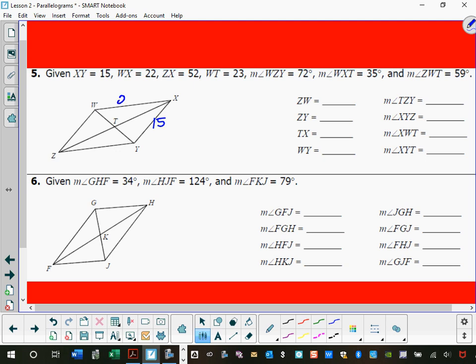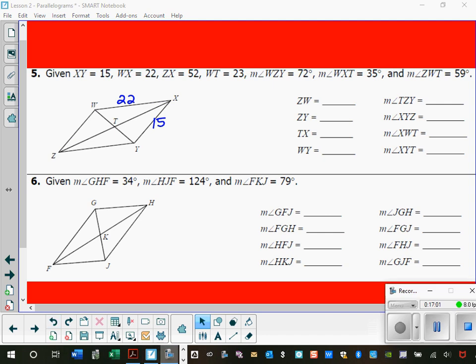WX was 22. ZX was 52. Okay, so if this entire thing here is 52, that means that each piece needs to be cut in half. So I'm going to type in 52 divided by 2. Okay, so each of those pieces is 22.